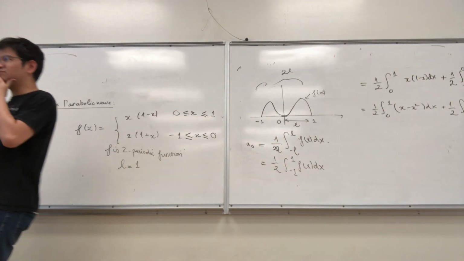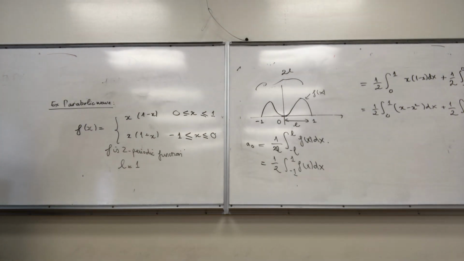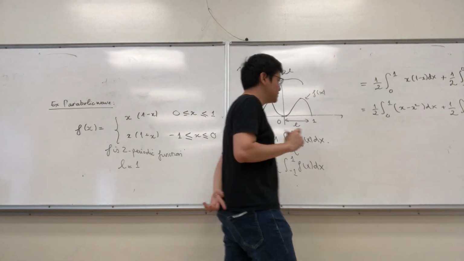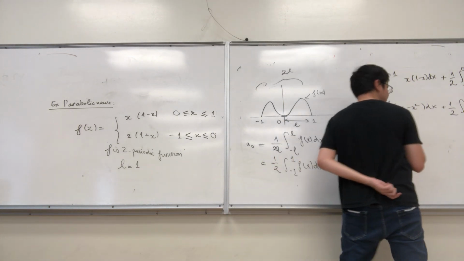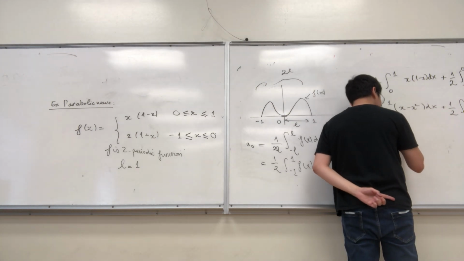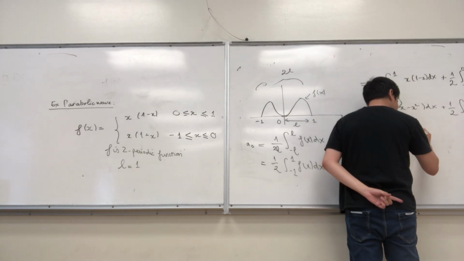So what is the antiderivative of x minus x squared? x squared over 2 minus x cubed over 3. Yes, so now I take the antiderivative of this, which gives me x squared over 2 minus x cubed over 3.